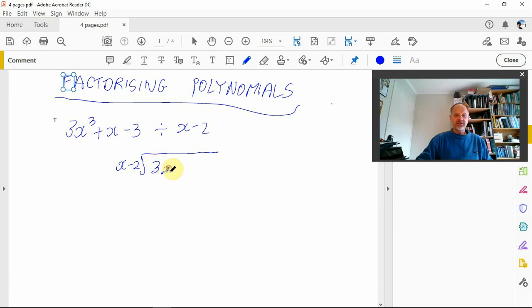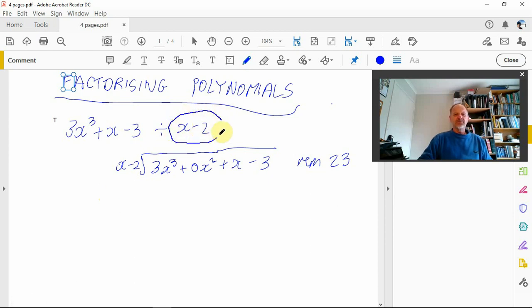We've got 3x cubed here. So that I don't lose track of things, I put in a 0x squared term. Plus x take 3. And then in the end, after all of that work, whether this is the long division setup or whether you did the synthetic, you find you've got a remainder of 23.